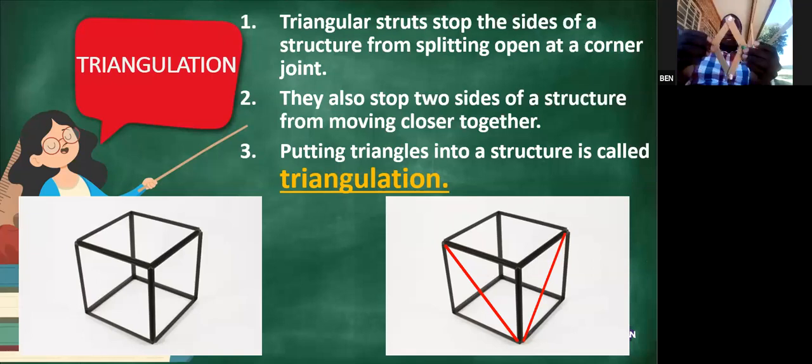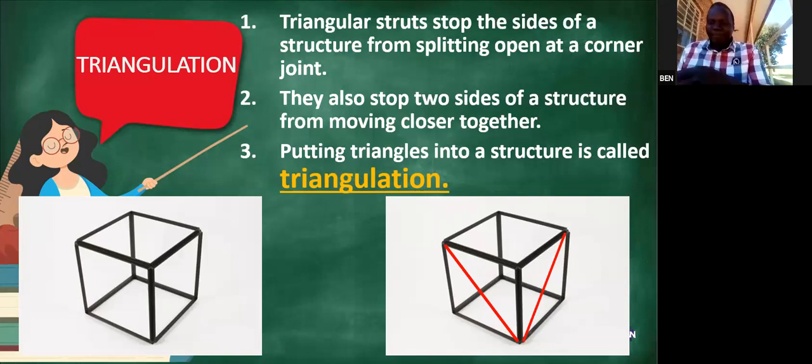You see, it is not good. It moves in any direction. The corners can join easily. Even here the corners can, it's not a stable structure. So if you put a diagonal in the middle like this, then that becomes a strengthened frame. That is what I want you to know.